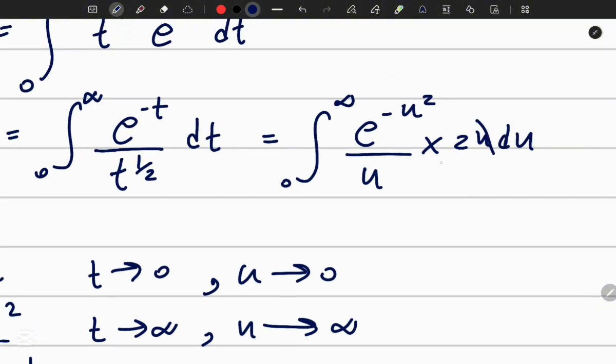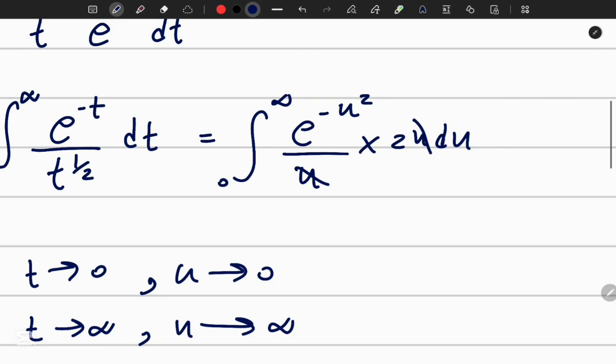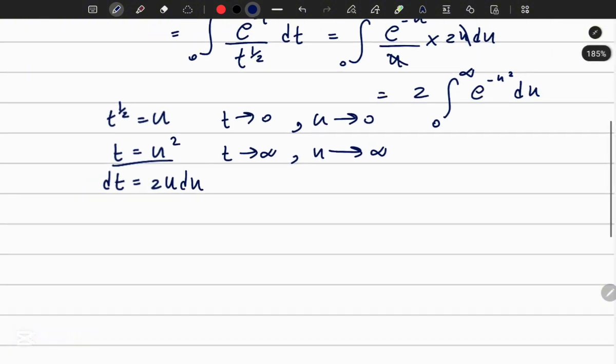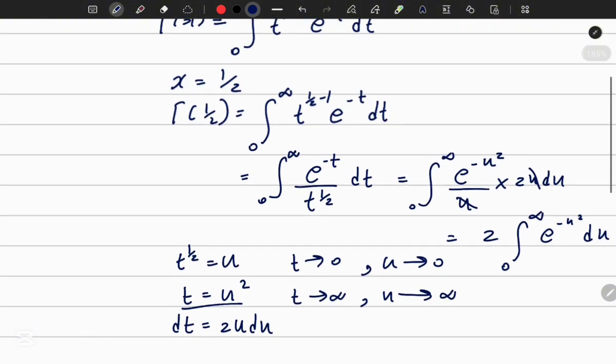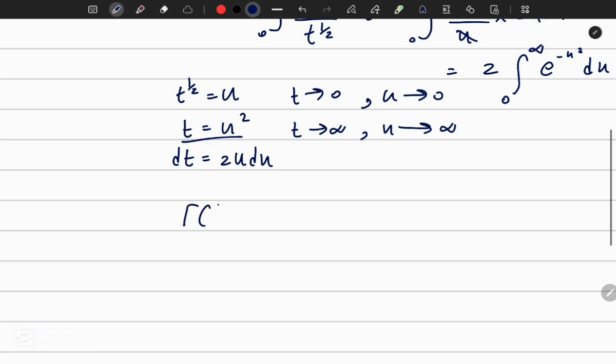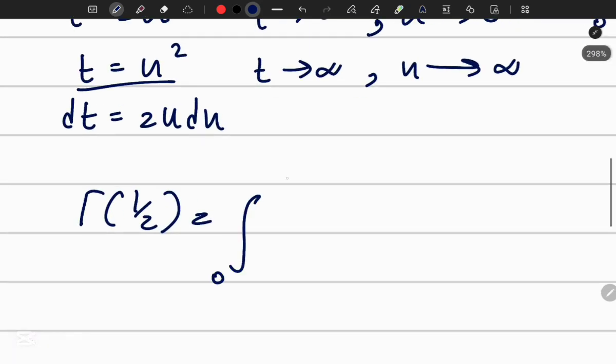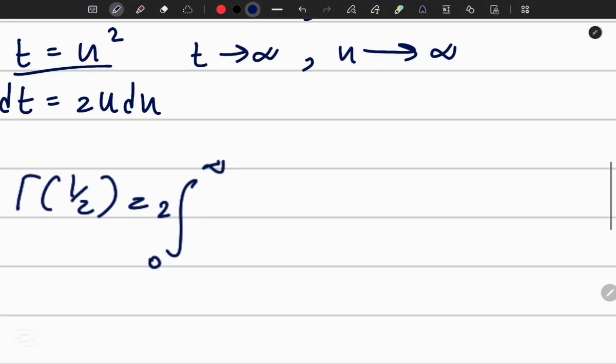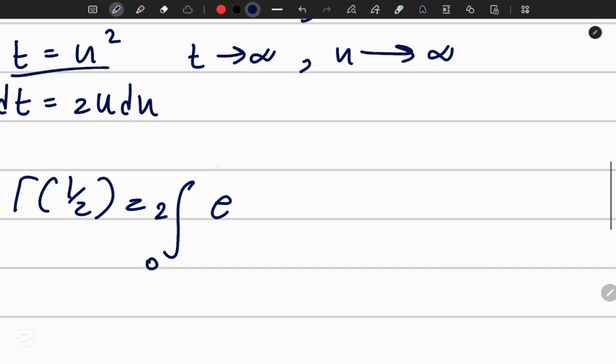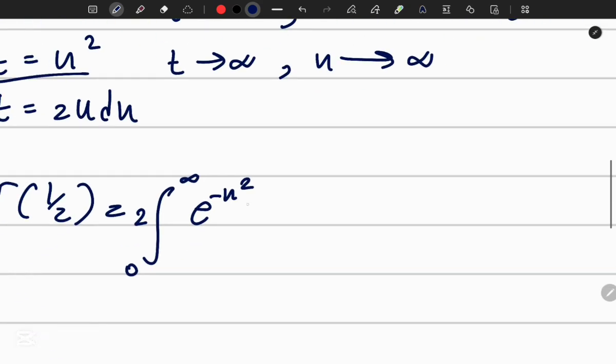So u over u cancels out, so this is 2 times the integral from 0 to infinity of e to the minus u square du. Now I am going to write this as gamma half equals the integral from 0 to infinity of 2 times e to the minus u square du.